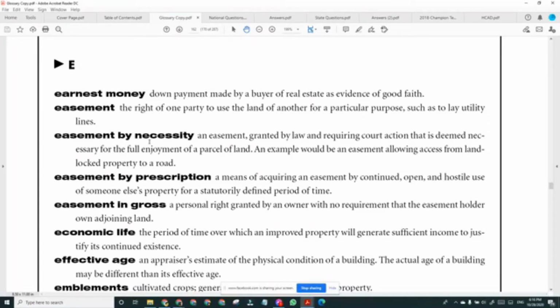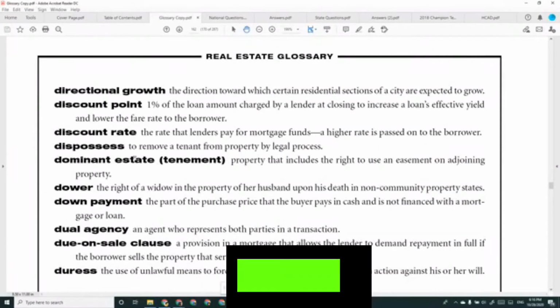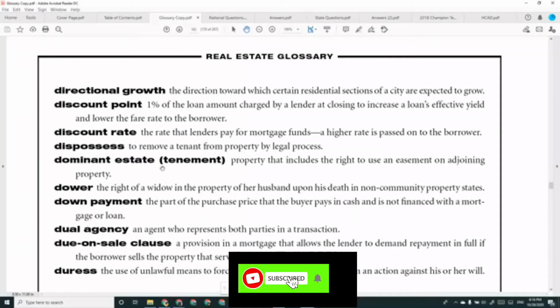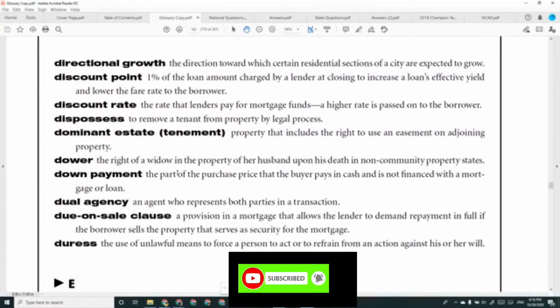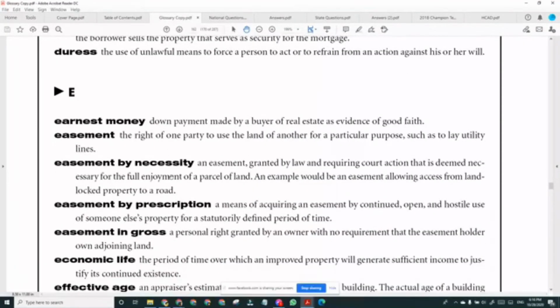Easement, the right of one party to use the land of another. That's what I was mentioning on the other, which is called the dominant estate. The other one is the servient estate.